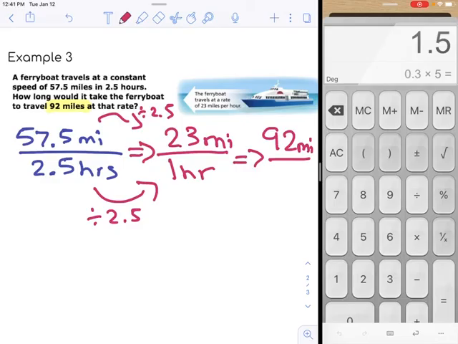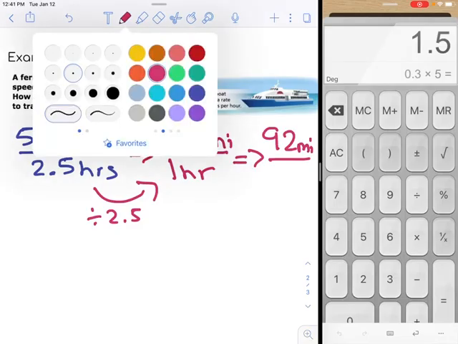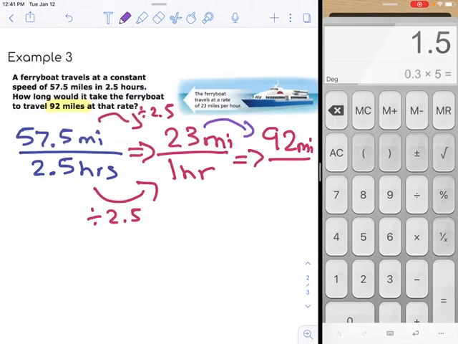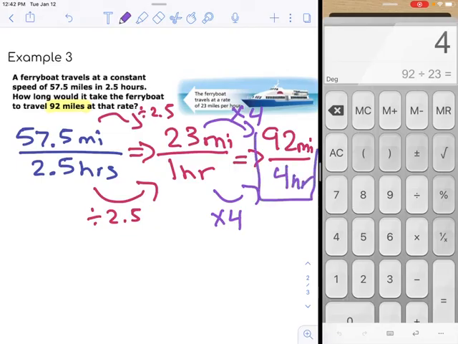So we need to figure out how are we getting from 23 miles to 92. What we can do here is divide. We can do 92 divided by 23, and that shows us that we are multiplying by 4. Whatever we do to the top, we want to do to the bottom. 1 times 4 is 4. So that means to travel 92 miles, the ferry boat would have had to be traveling for 4 hours.